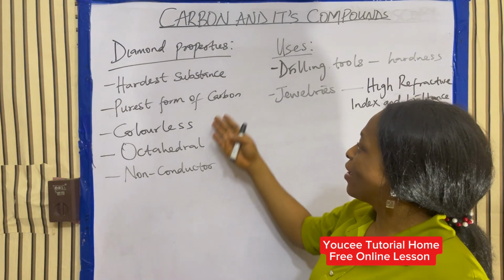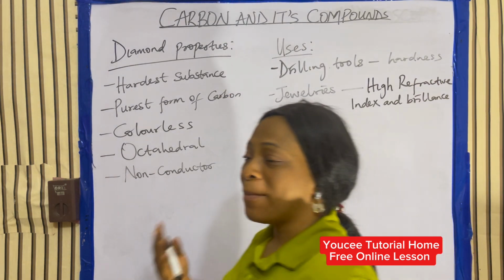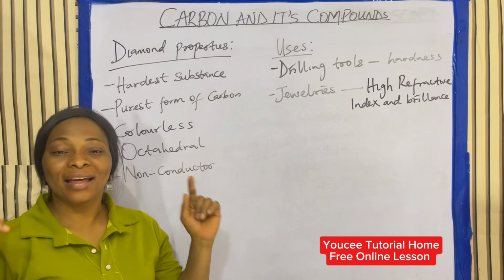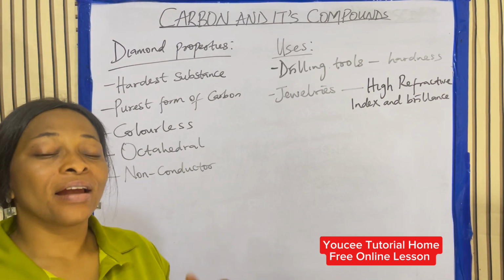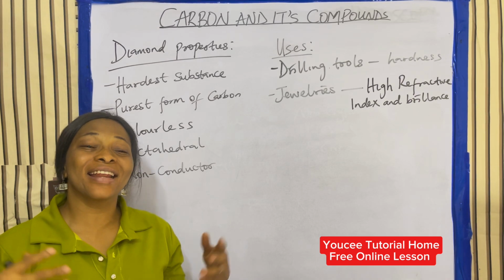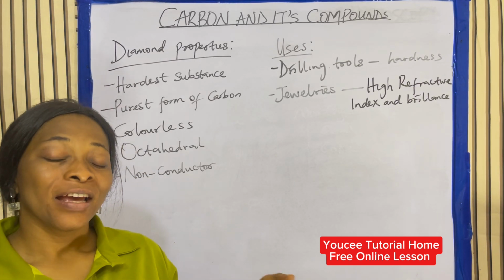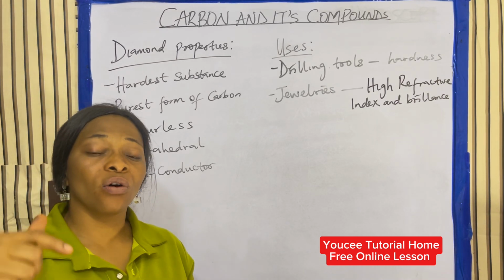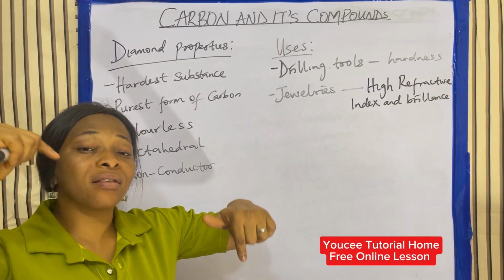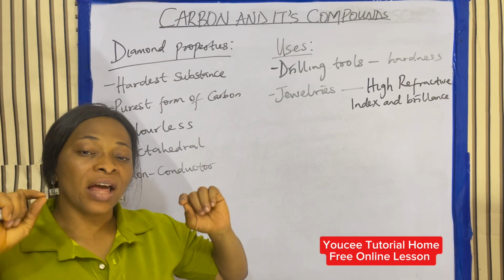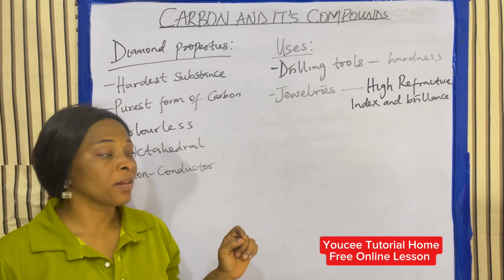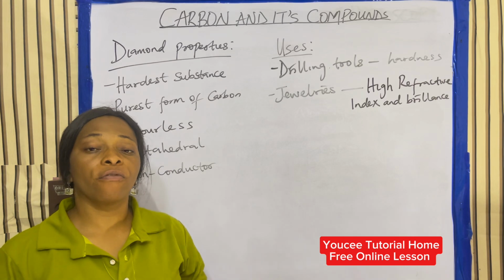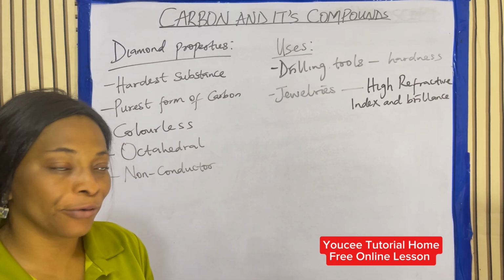Okay, so let's look at the properties of diamond. Basically, diamond is the hardest substance. That is why it can be used to cut any hard material. It is also used in making hard tools like drilling tools, those tools that usually break down rocks. Number two, it is the purest form of naturally occurring carbon.